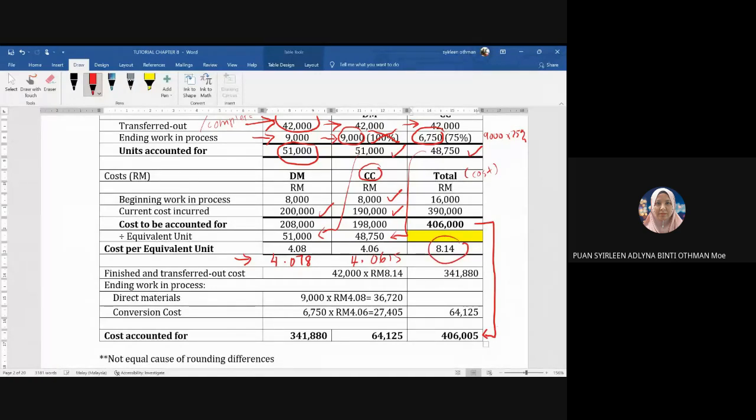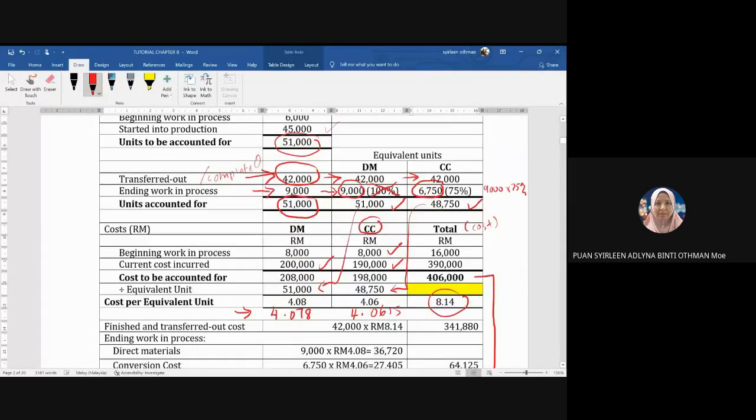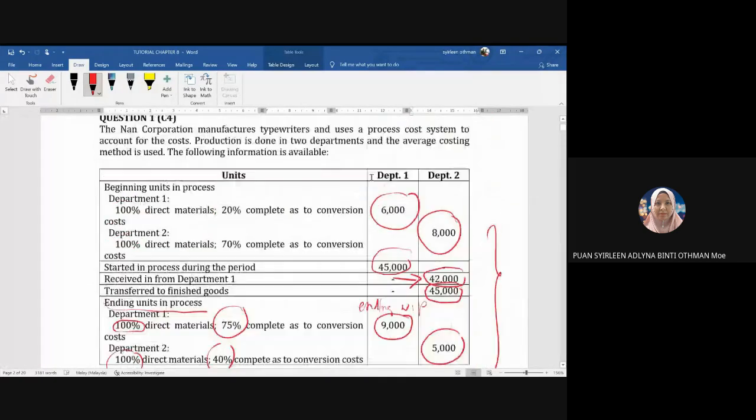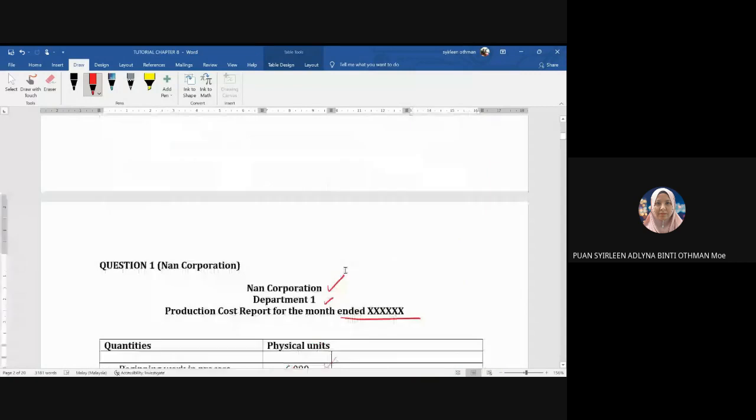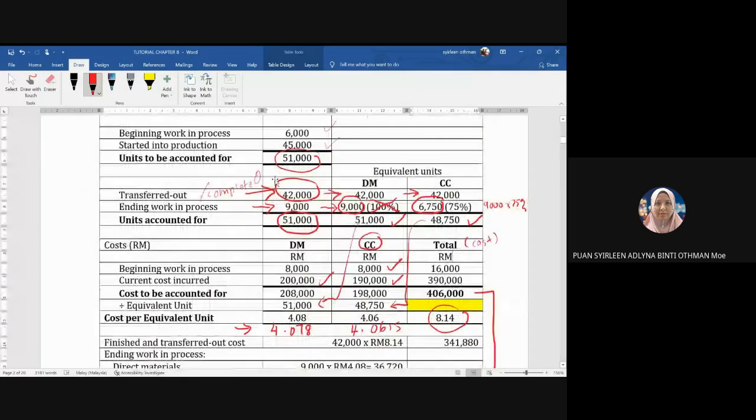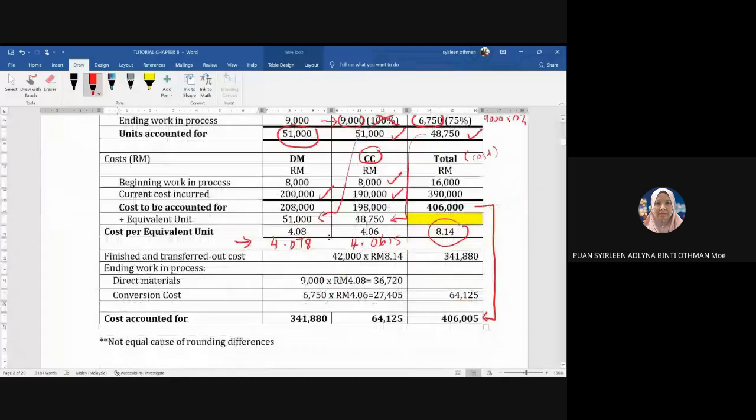Okay, so finish and transferred out. Your finish units tadi ambil dekat sini. Okay, this item here, 42,000. Okay, saya akan darab dengan RM8.14 nilai ni. So kita akan dapat finish and transfer out cost.